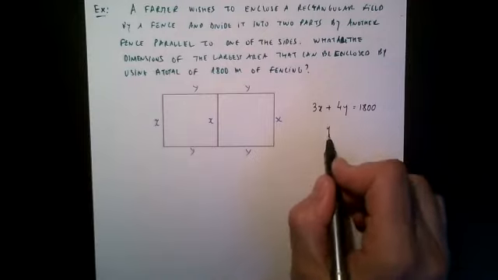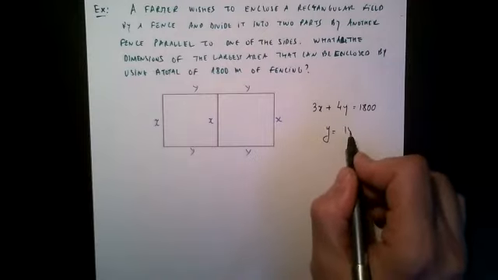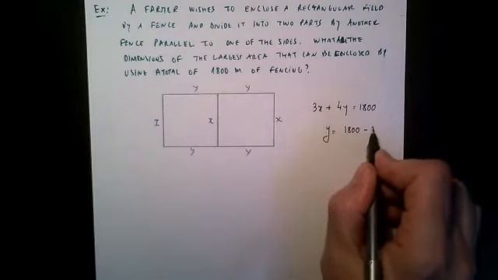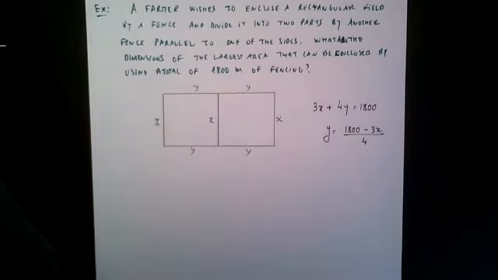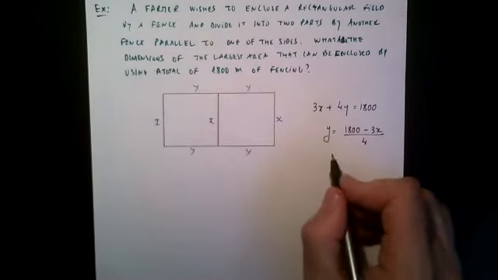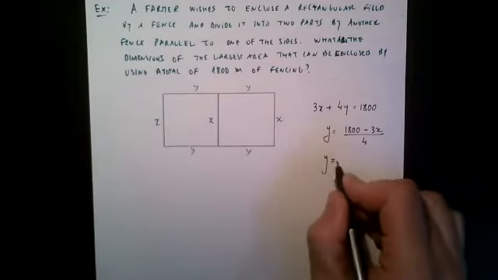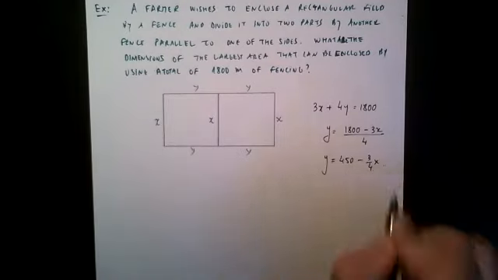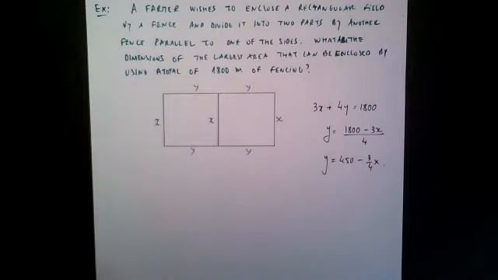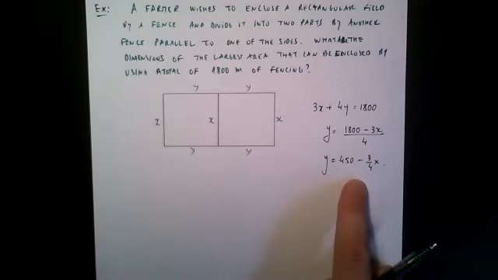And so y is equal to 1800 minus 3x, all over 4. Okay, and so y is 450 minus 3/4 x. Questions? Okay, so that's what I know.